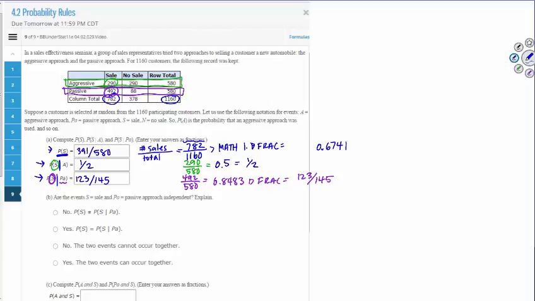So now that we know these probabilities, we're asked if they are independent. Does the method of sale affect the probability of sale? Does the approach affect the probability of a sale? Sales happen 67% of the time on their own, regardless of approach. 50% of sales happen, or the probability of a sale under the aggressive approach is 50%.